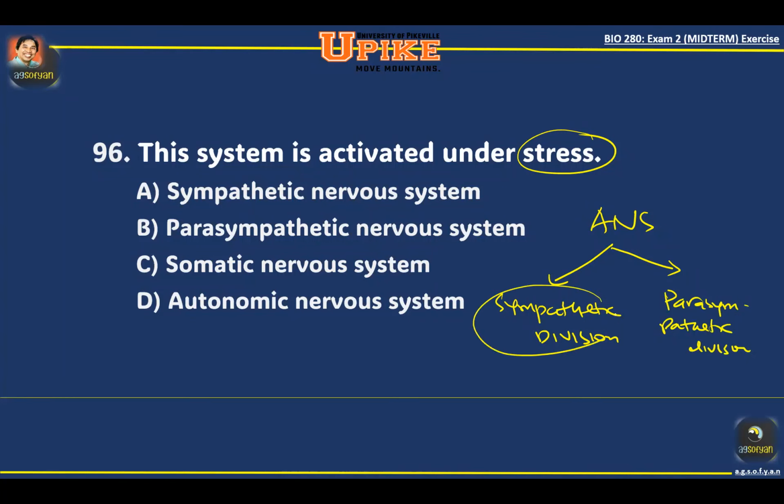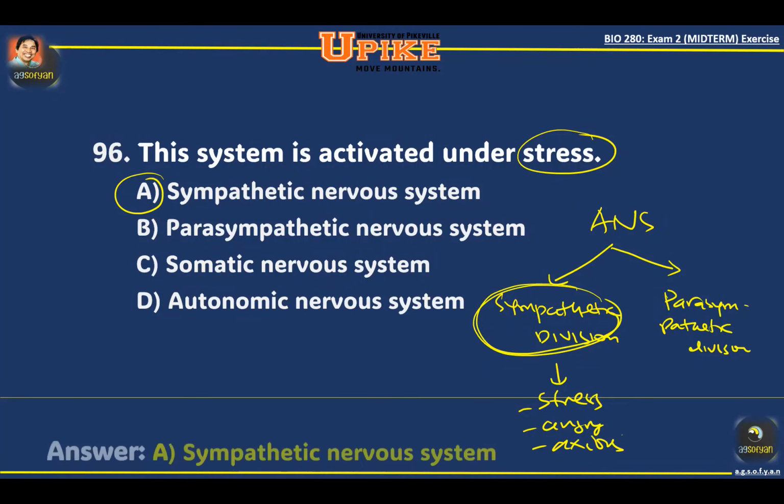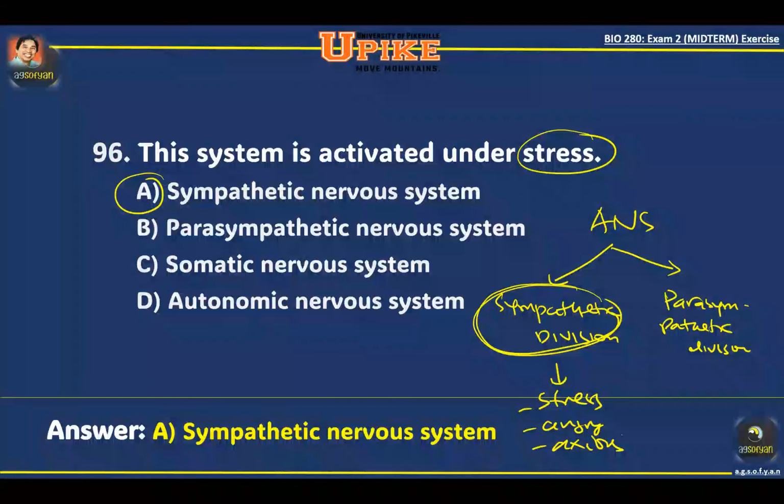The sympathetic division usually works during stress, anger, anxiety. So this is controlled by the sympathetic division. So the answer will be the sympathetic nervous system during stress. The parasympathetic is usually during normal time, normal reaction.